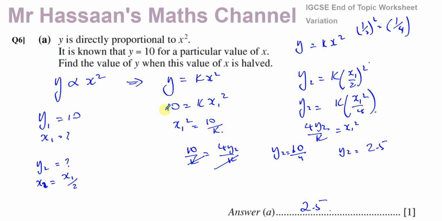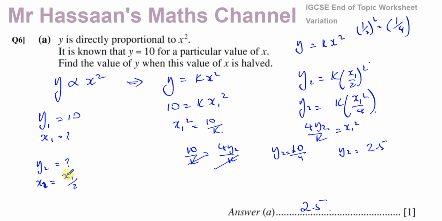So you can do this algebraically like this, where we took the original equation, where when y is 10, x is a certain value. We say x1 squared is equal to 10 over k, because y is directly proportional to x squared. That's the original value of x.